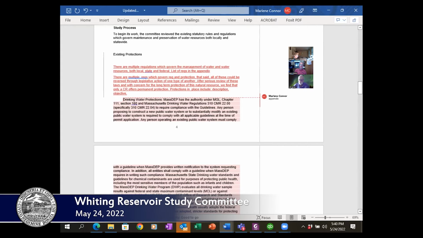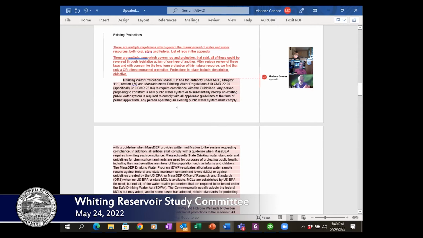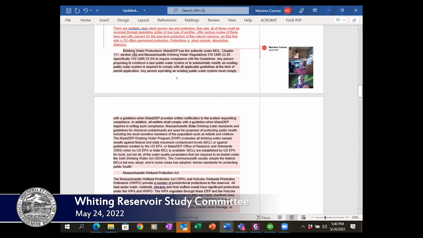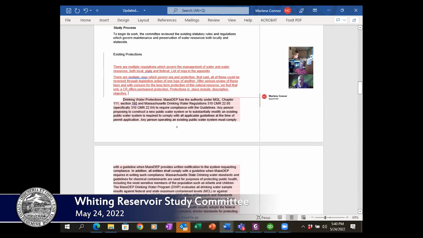Just two sentences on its purpose and why it's appropriate at the reservoir. And that's all. It seems like we would be missing something if we didn't have that. I agree with that. That would come first, and then this paragraph saying that only a conservation restriction would provide long-term protection.